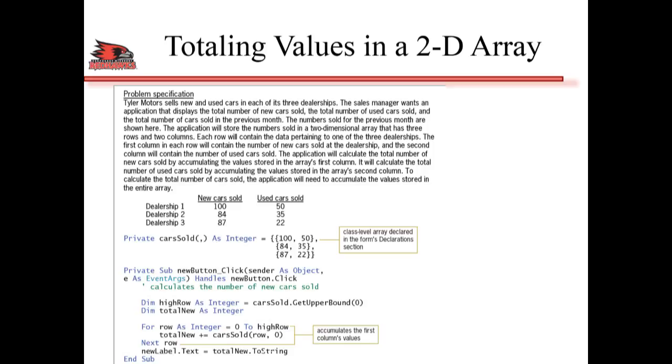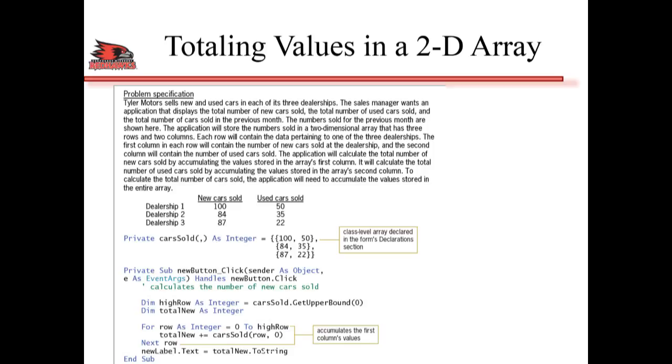So we have this array, a class level array called cars sold, meaning that by class level I mean it's accessible to all these subroutines. And then we have the subroutine called new button click. What it does is get the upper bound of the row subscript, which here is 2 because there are three rows, so the third row will have a subscript of 2.